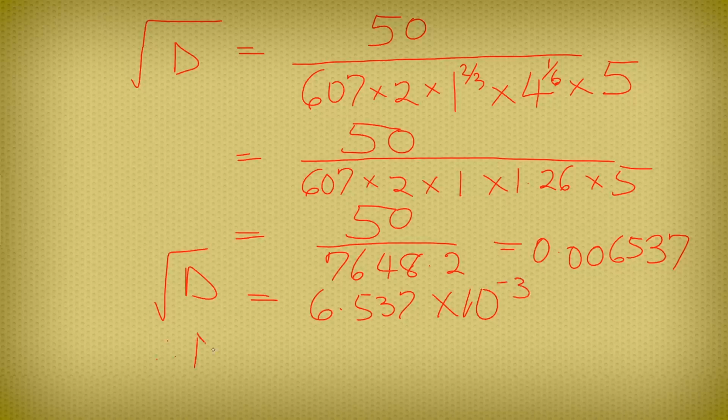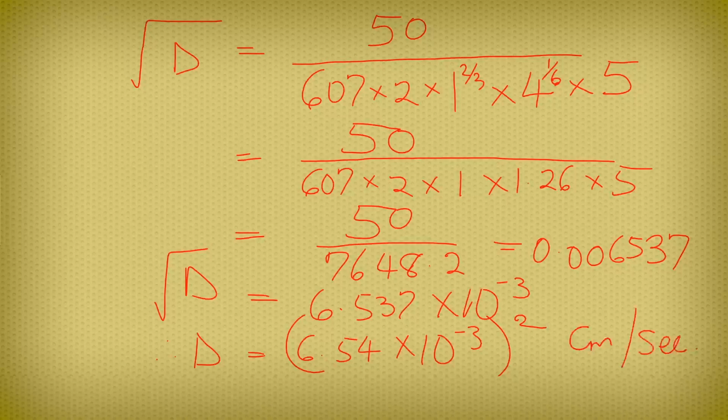Therefore, D should be equal to 6.5, will approximate 4 times 10 to the power minus 3 all squared. And so when you get your answer, the unit for diffusion is cm per second.